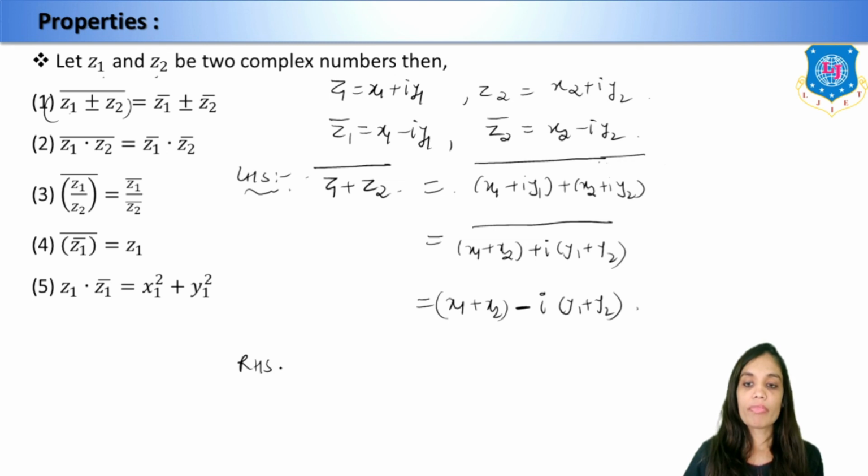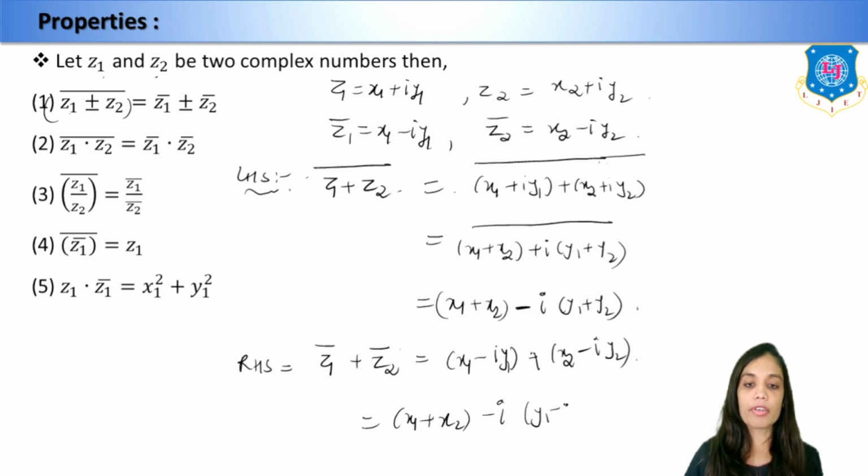Now RHS, that is z1 bar plus z2 bar. Putting the values of z1 bar, it is x1 minus iy1 plus x2 minus iy2. Now we just separate the real and imaginary parts of this. So it will be x1 plus x2, take out minus i common, y1 plus y2. So you can see that LHS equals RHS.